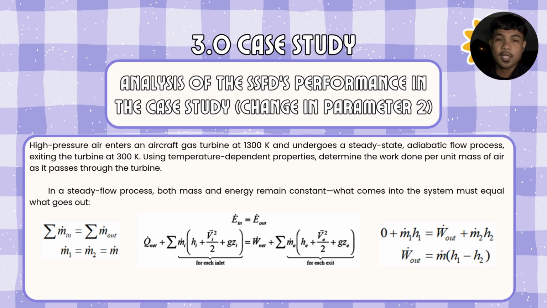W out equals h1 minus h2. Therefore, the next crucial step is to find the enthalpy values of air at 1300 K and 300 K to calculate the work done.